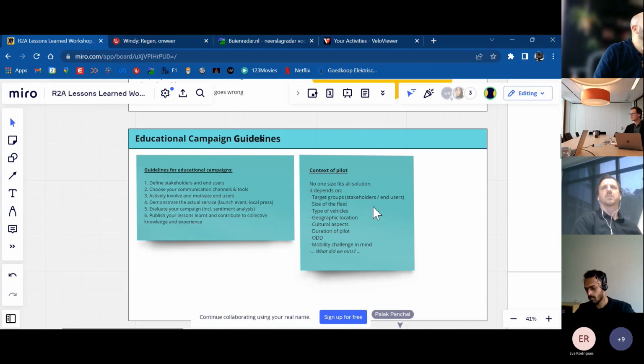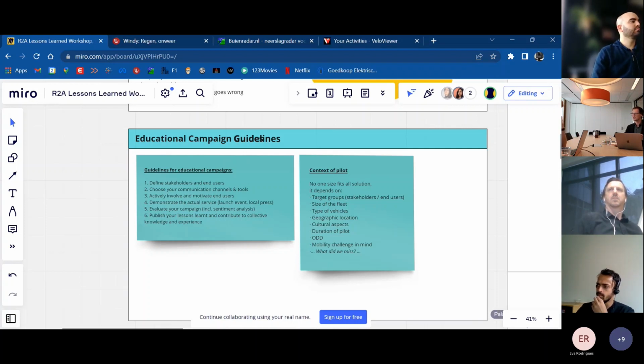So it really matters whether you are providing a service to bring the elderly to a community center, or you bring tourists to a tourist destination. It really differs. But from the guidelines that we have distilled, you could see that as a sort of selection menu where you start at the beginning and you take some steps and you see what is applicable for you and the goal that you have in mind.